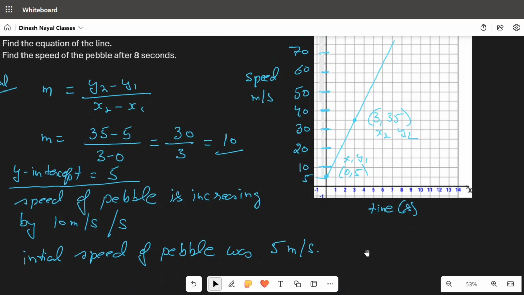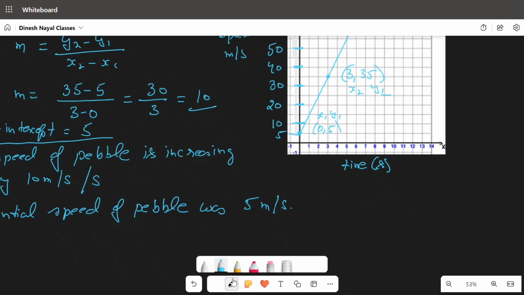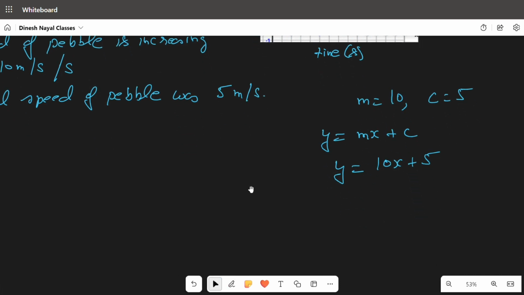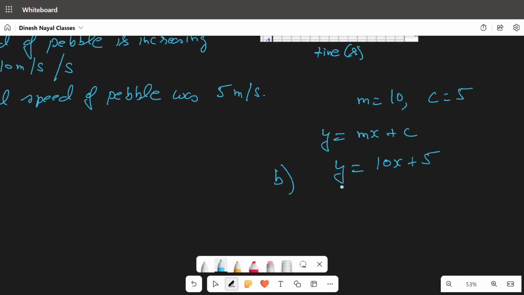This is, I think, the simplest one, because we have the gradient m as 10 and the y-intercept c as 5, so we can just write in the gradient intercept form, y equals mx plus c, so y equals 10x plus 5, just substituting the values. So this is the equation of the line for the B part.